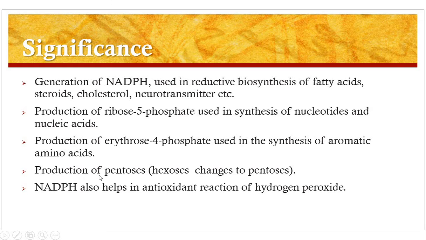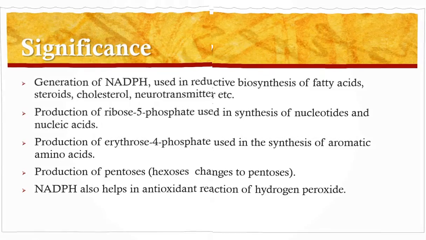This is the only pathway which helps in the production of pentose sugar. These pentoses are obtained from the hexose sugar which enters this pathway. NADPH also helps in the antioxidant reaction of hydrogen peroxide.